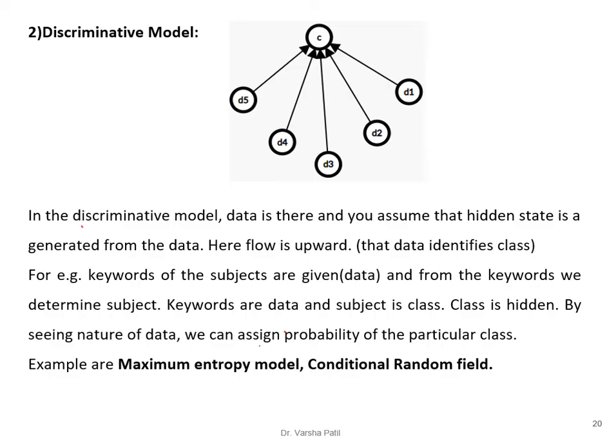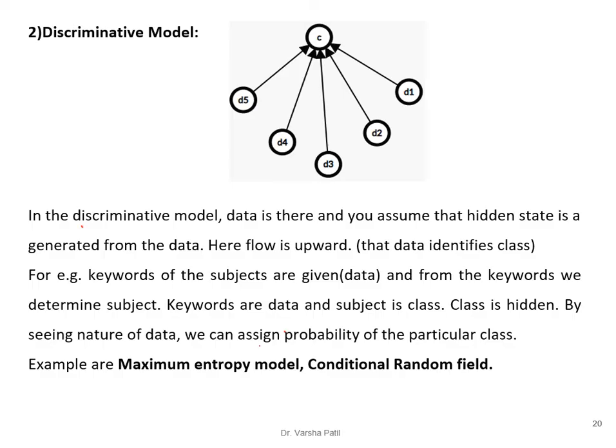For example, integration, derivative, absolute difference and various formulas are given, and based on those keywords we identify that the hidden class is maths. So keywords are data and the subject is the class. The class is hidden. By seeing the nature of the data we can assign the probability of the particular class.